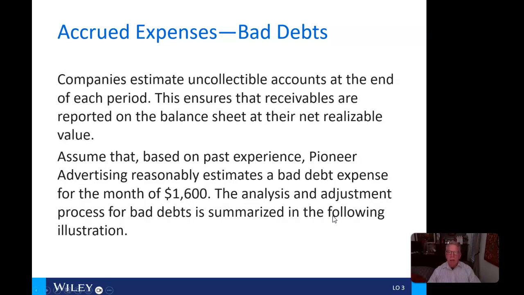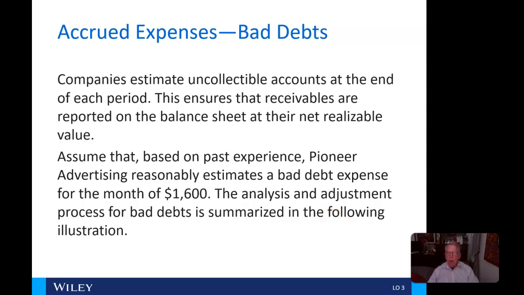Now, bad debts. Bad debts, we estimate the allowance for uncollectible or doubtful accounts at the end of each period, and that ensures that our receivables are stated at their net realizable value, the NRV.